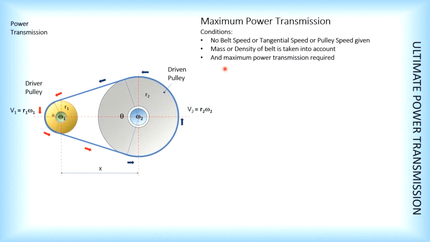In addition, the question asks for ultimate, greatest, or maximum power transmission. If these three categories are fulfilled, then you can use the following formulas that I will be showing you here. First is the formula for power transmission.